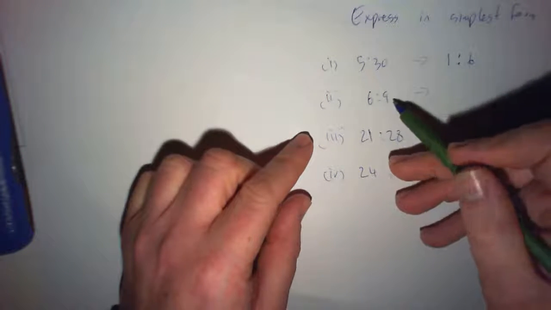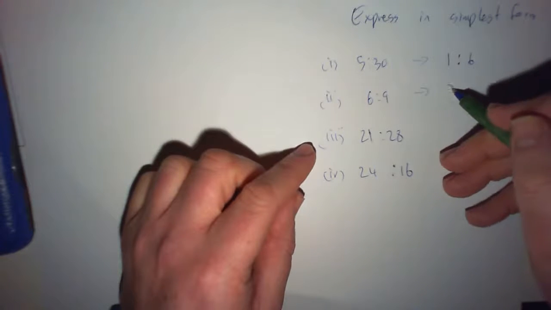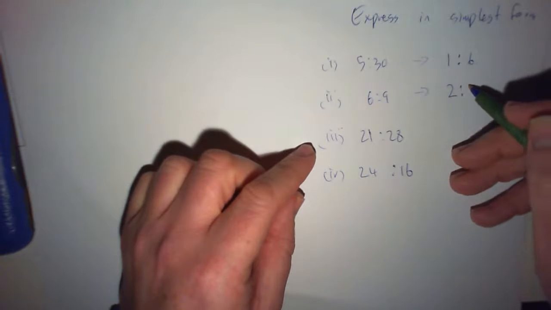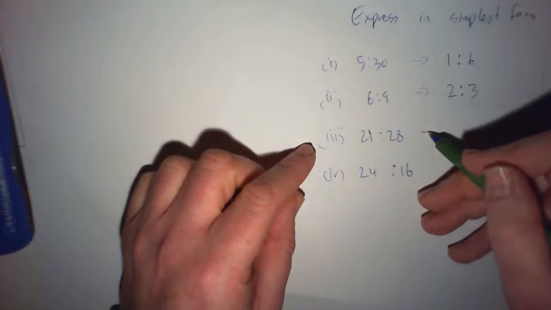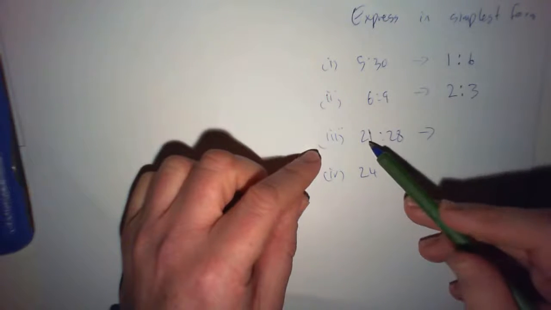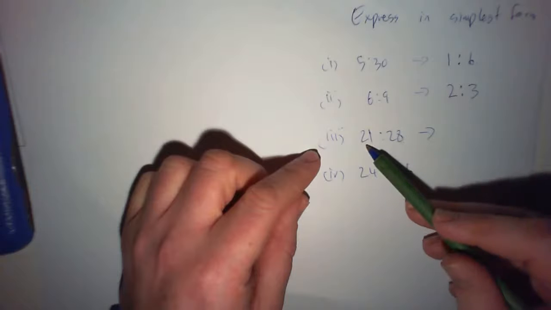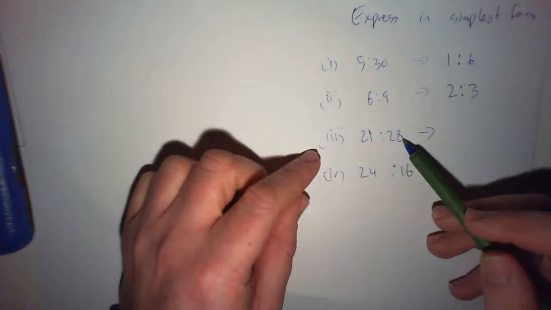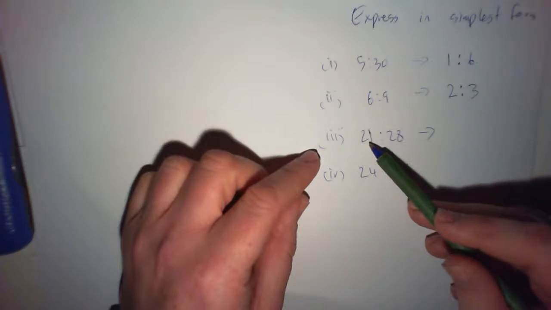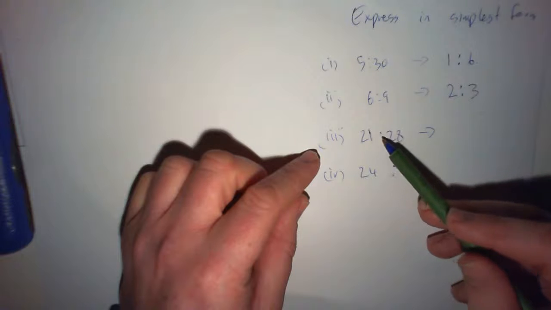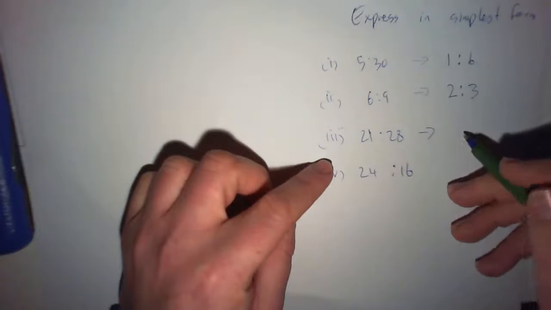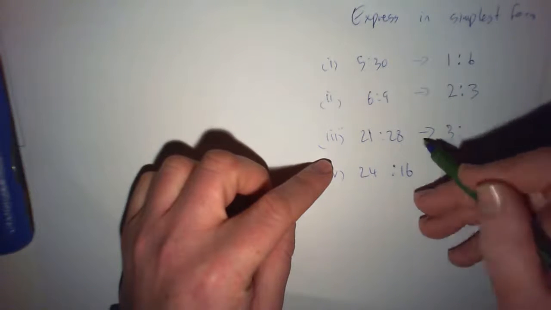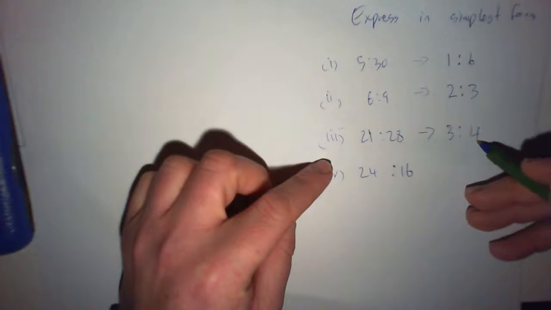Next one, 1 divides in, 2 doesn't, 3 does. So 3 into 6 goes twice, 3 into 9 goes 3 times. Third one, 2 doesn't, 3 doesn't, 4, 5, no, 7 does. 7 into 21 goes 3 times, 7 into 28 goes 4 times.